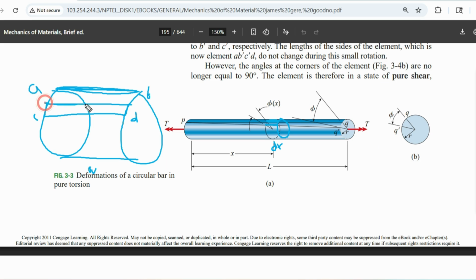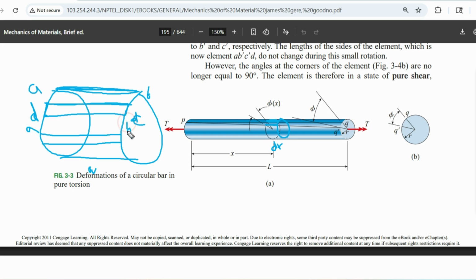So this line right there is that original line, and then we're going to do this A B C D, and then we're going to torque this, and this line is going to move considerably down here, and this rectangle is going to move right there. So this is our new rectangle.